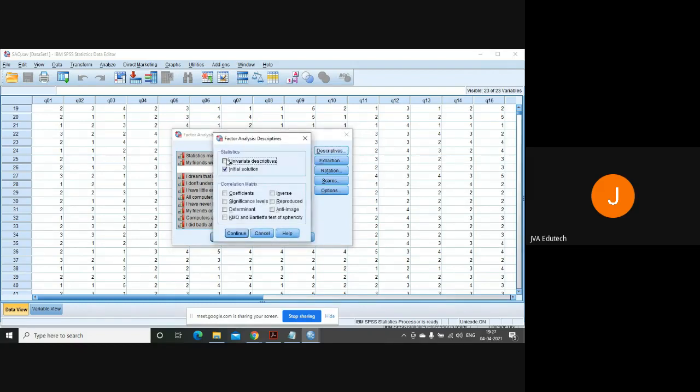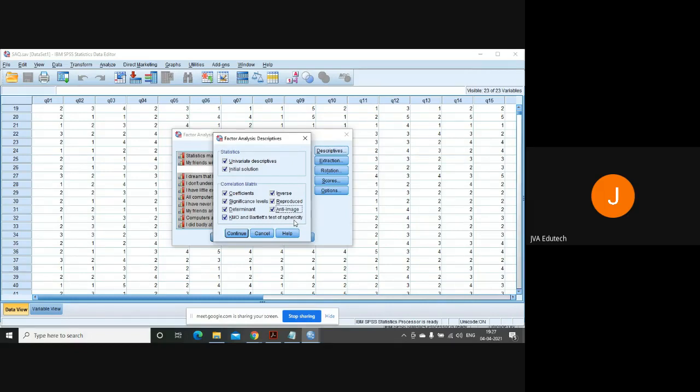Click descriptives, click on univariate descriptives, initial solution, coefficients, significance levels, determinant, KMO and Bartlett's test of sphericity, then inverse, reproduced, anti-image. Of all these, the most important one is KMO and Bartlett's test of sphericity.